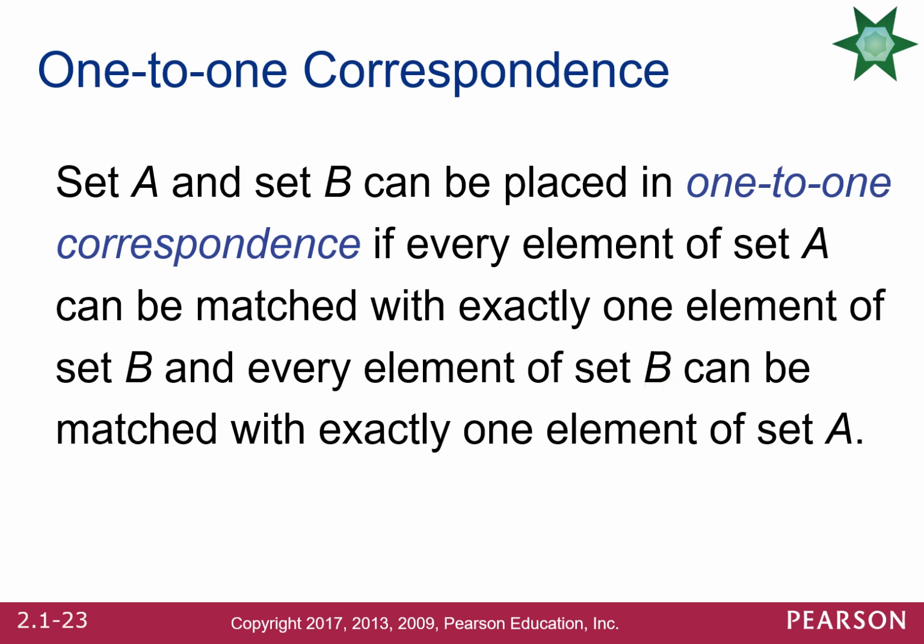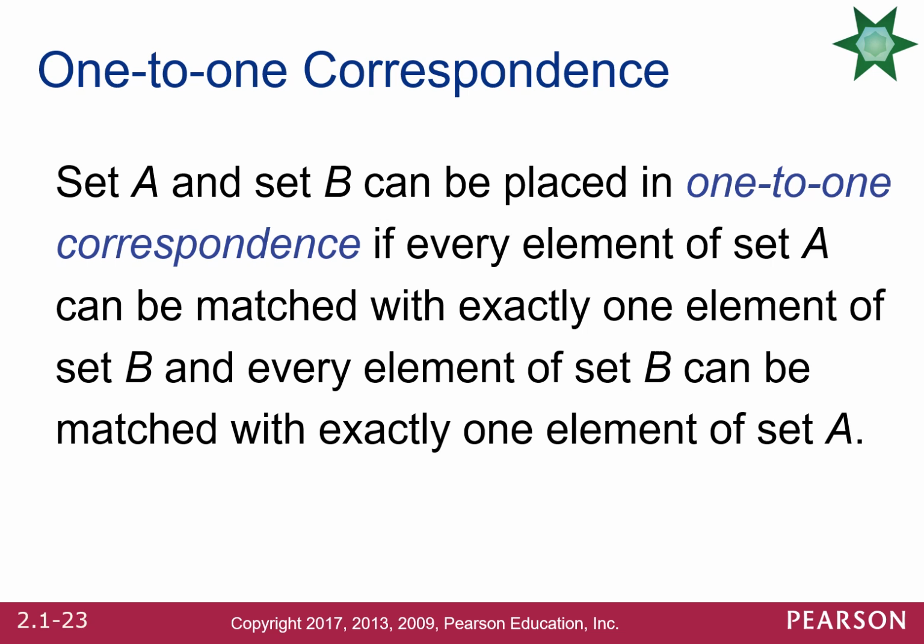So again, A and B will have elements which will not be the same, but each element in set A will map to exactly one element in set B, and each element in set B will map to exactly and only one element in set A.